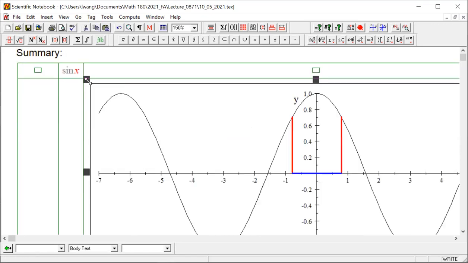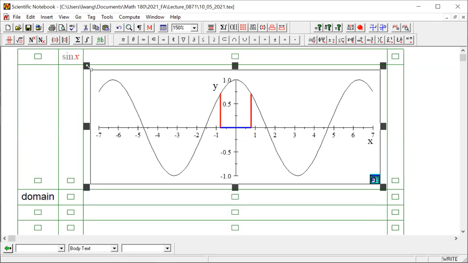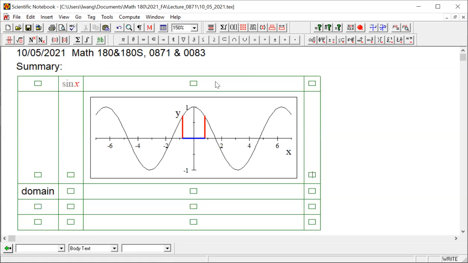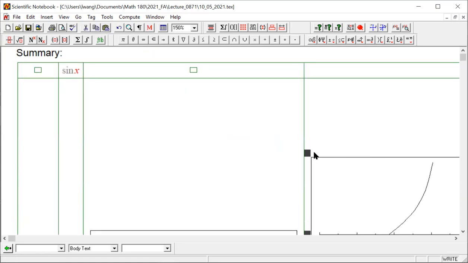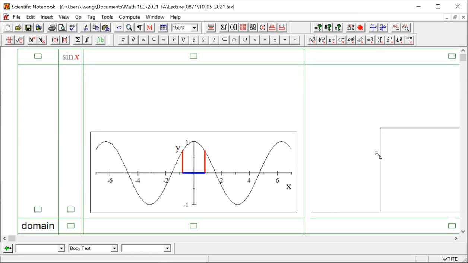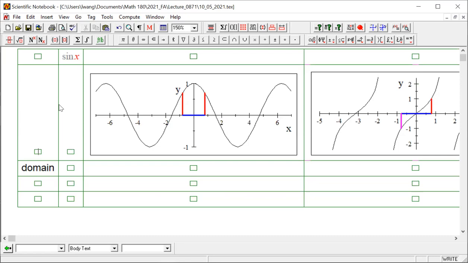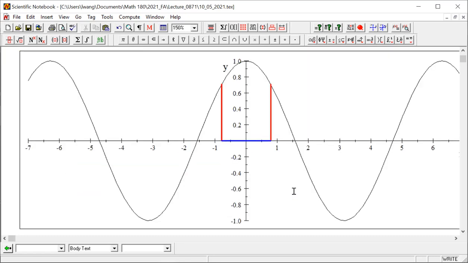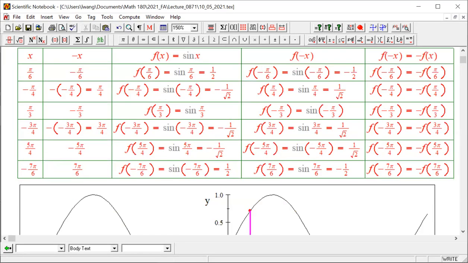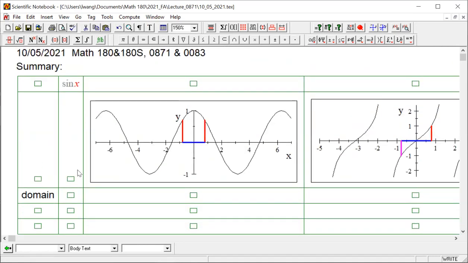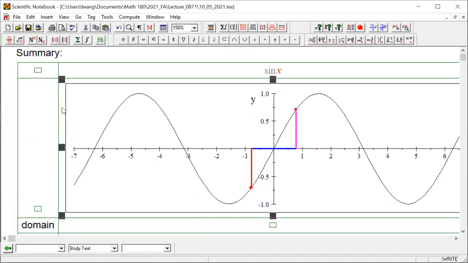And we have our sine. This is our tangent. How about sine? We did a sine. Right, these three typical ones.